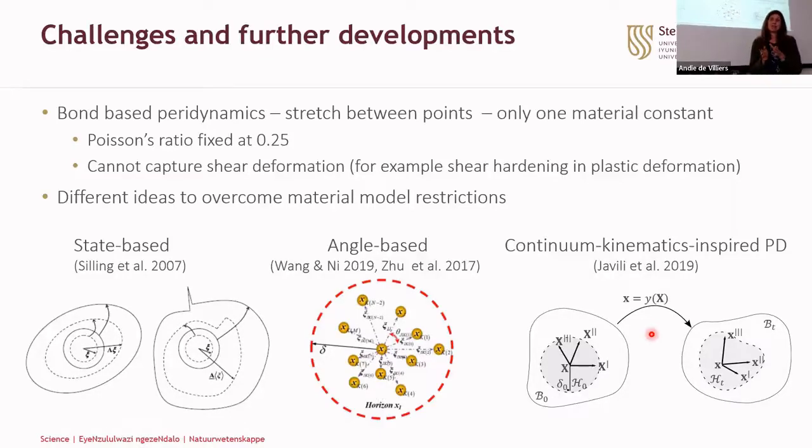In CPD, the deformation measures mimic the deformation measures found in classical continuum mechanics. So where in bond peridynamics only the bond between two neighbors is considered, it's now extended to one, two, and three neighbors. So the interaction potentials or the energy is decomposed into contributions from one neighbor, two neighbor, and three neighbor interactions.